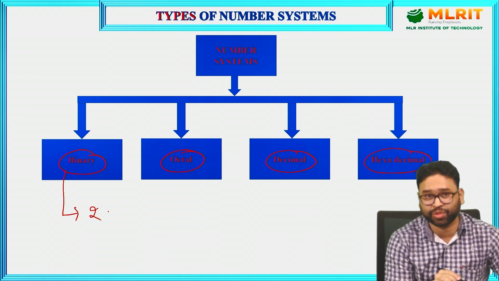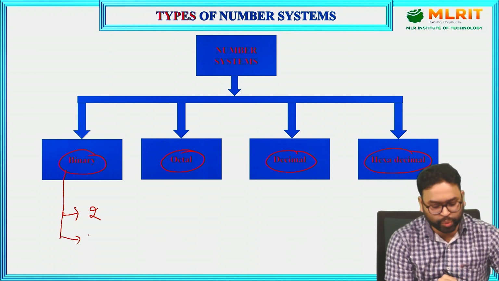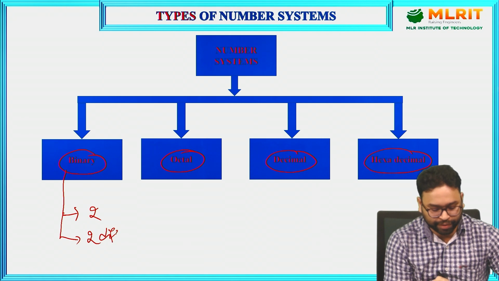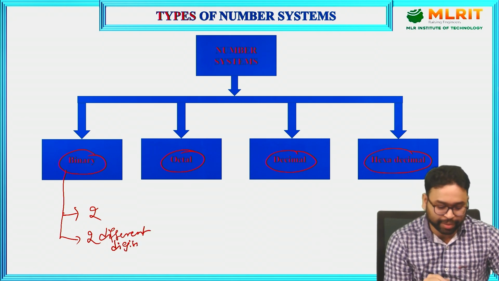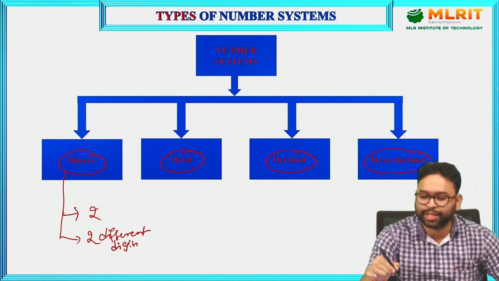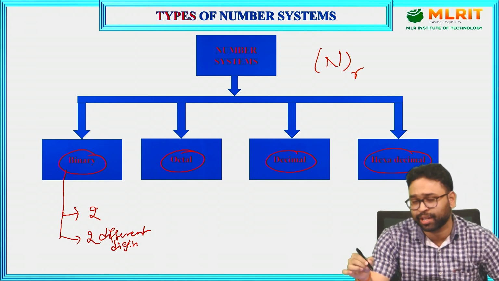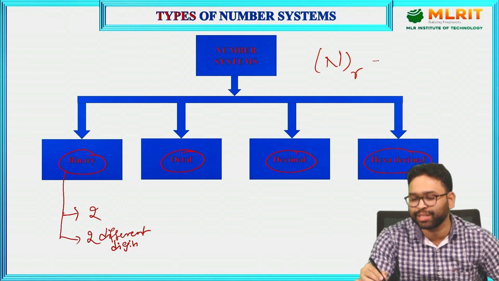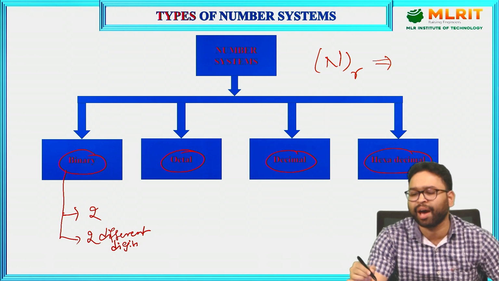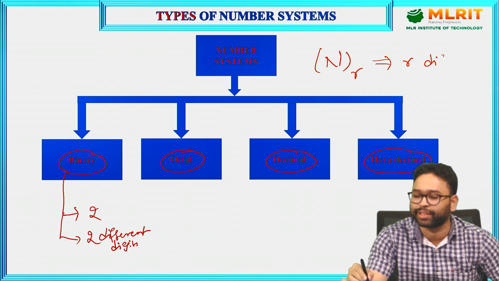Its base value is 2, and it does have two different digits. In general, if you consider a number, its base value we consider as r. That means for each and every possible number system, we're going to have r different digits.